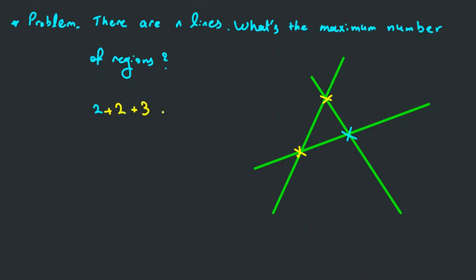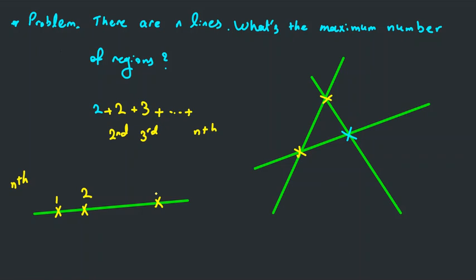Now let's see the next one, how many regions? And now I want to see the nth line. So 2 is for the second line, 3 is for the third line, and now we want to consider the nth line. If we consider the nth line, it intersects each of the previous lines in at most 1 point. So we should pay attention to intersections.